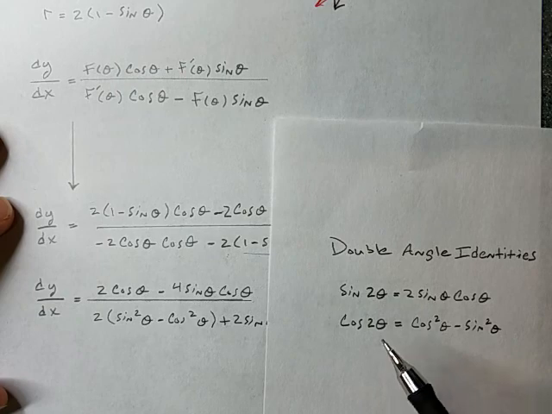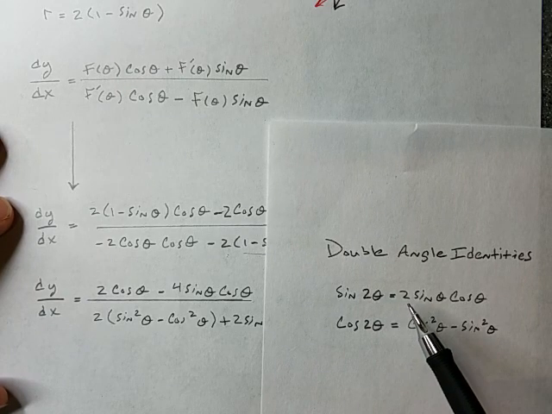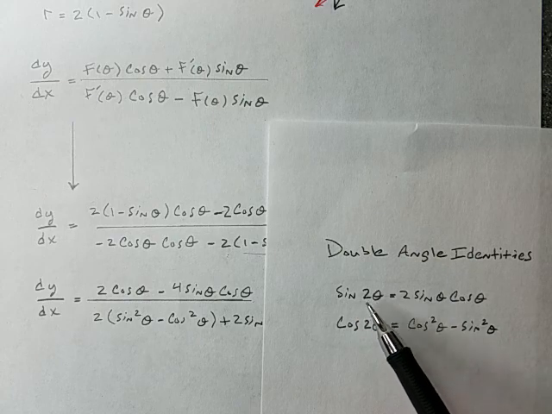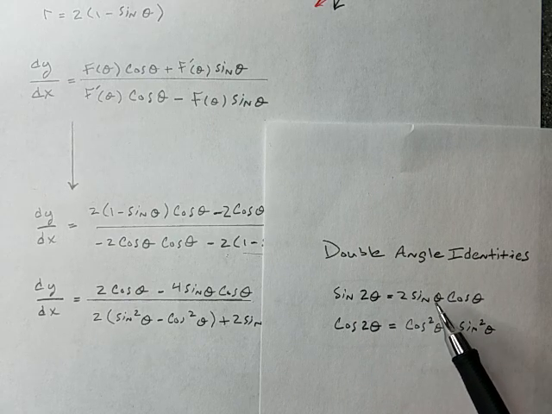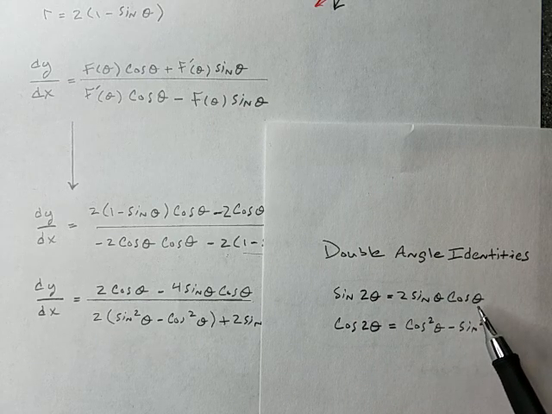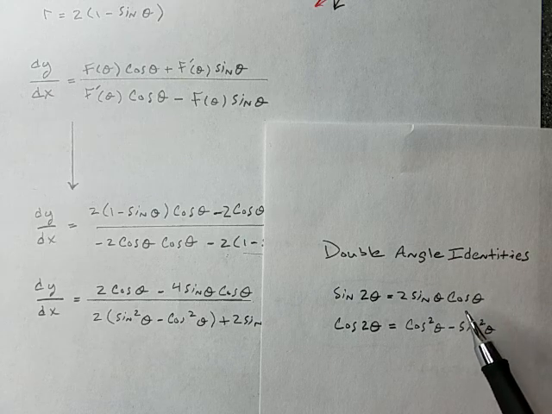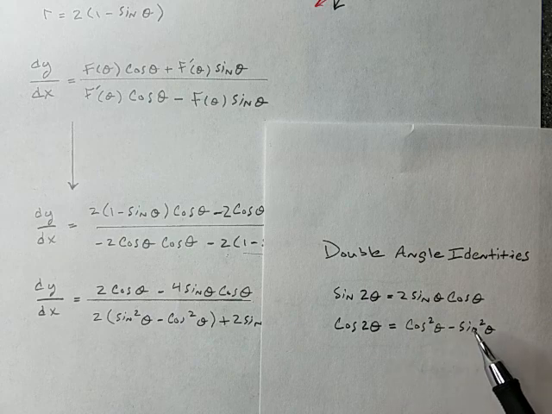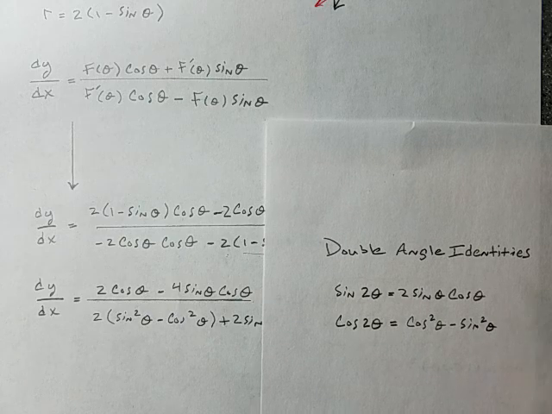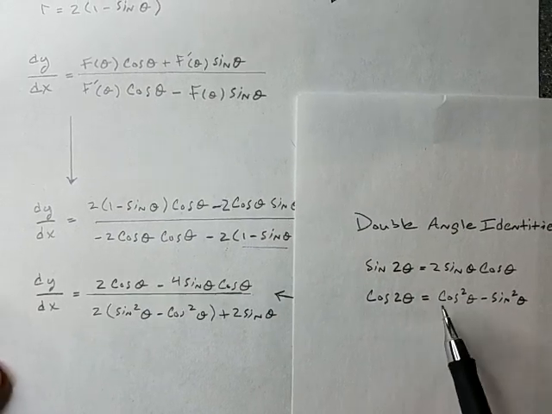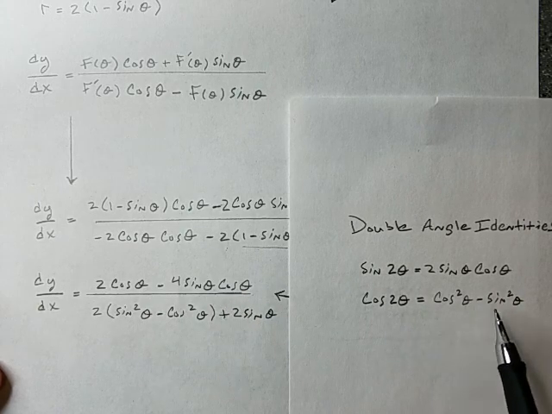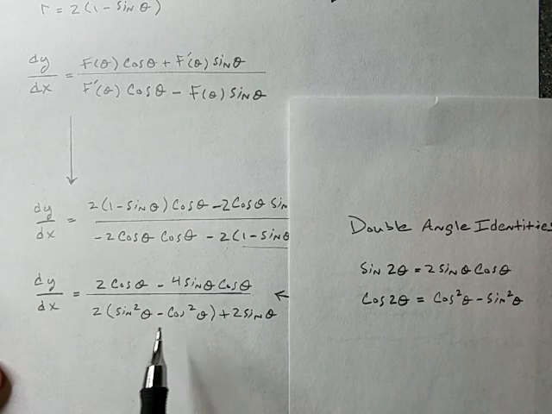Sine of 2 theta is 2 times sine theta cosine theta. So for example, sine of 60 degrees would be 2 times sine of 30 degrees times cosine of 30 degrees, just as a matter of calculation. And cosine 2 theta is cosine squared minus sine squared. Those are the ones I'm seeing in here. I'm seeing this one right there, and this one sort of right there.